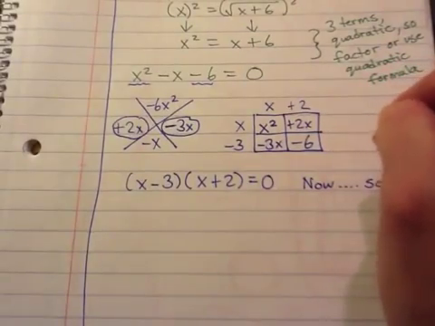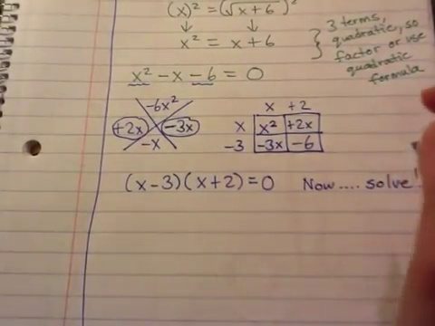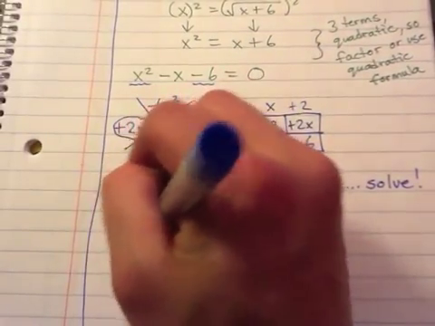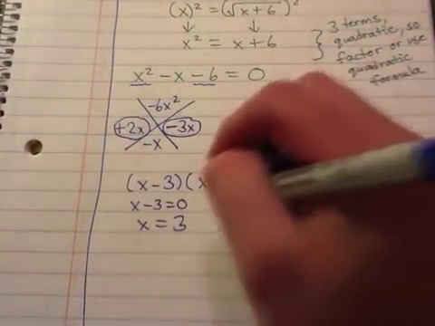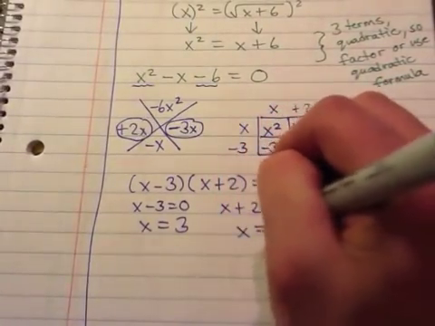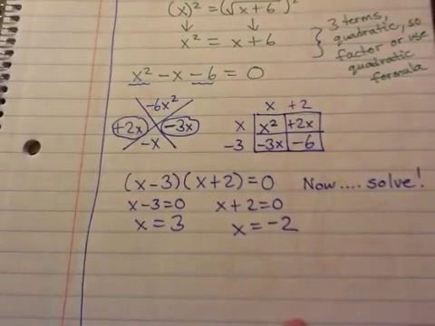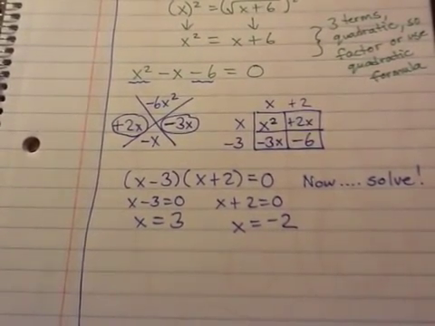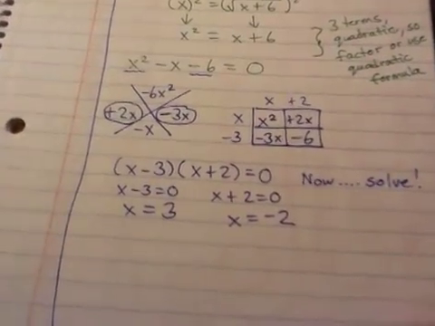So now I'm going to solve. I have x minus 3 equals 0, so x equals, I add 3 and I get 3. I have x plus 2 equals 0, I subtract 2 and I get negative 2. So these are my 2 possible solutions. Now remember earlier, I said you always check because some don't work.